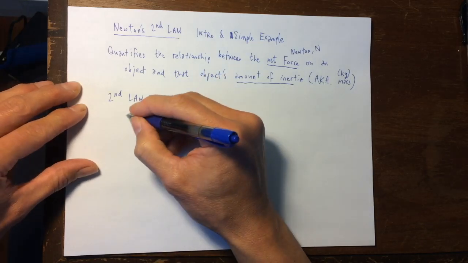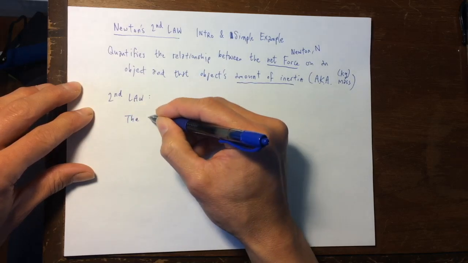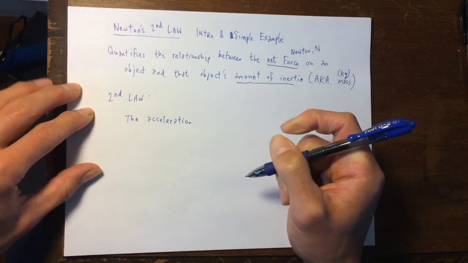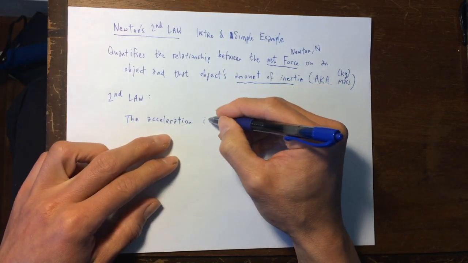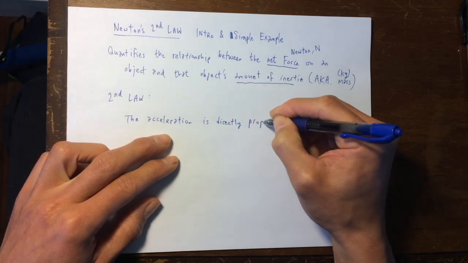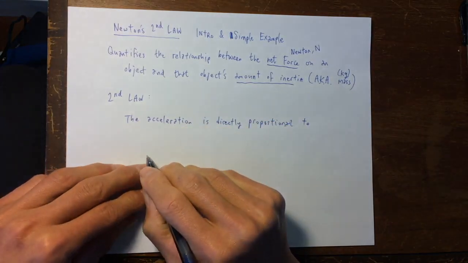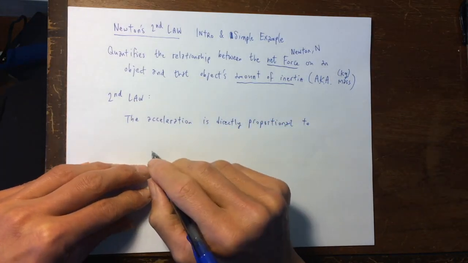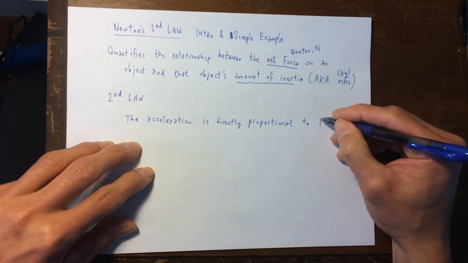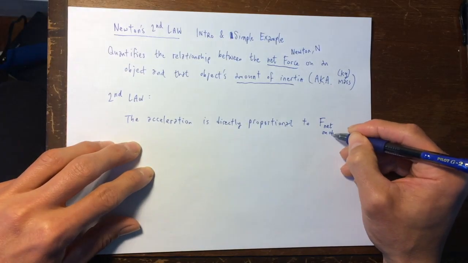What Newton says is that the acceleration of our object, so this is how the object's motion is going to change, is directly proportional to the net result of how hard it's being pushed on. So directly proportional to the net force on the object.